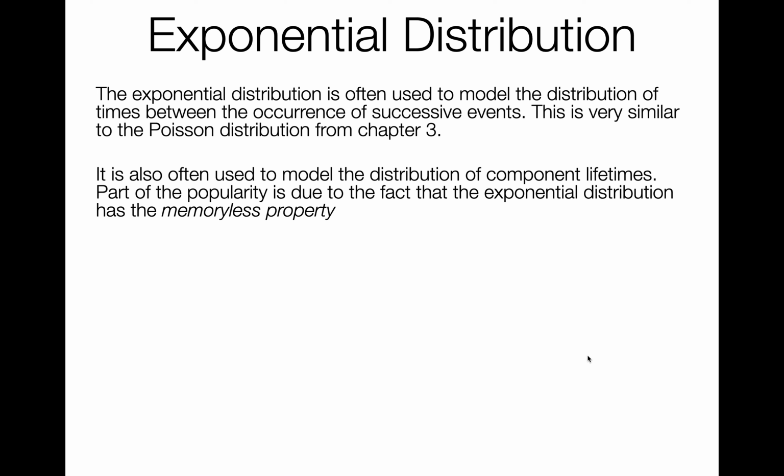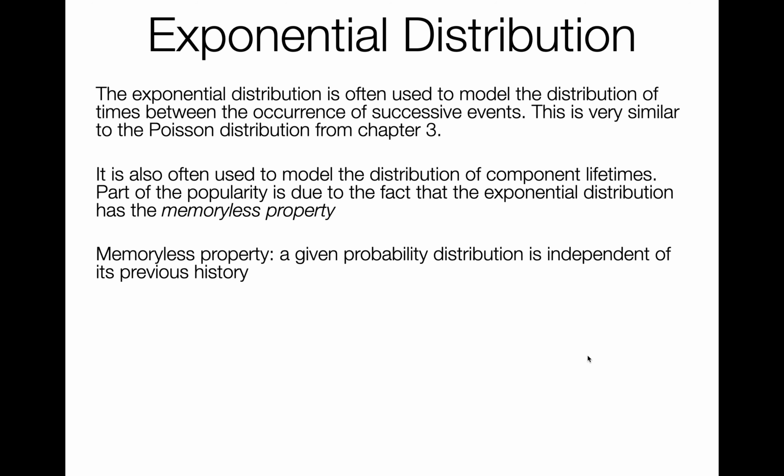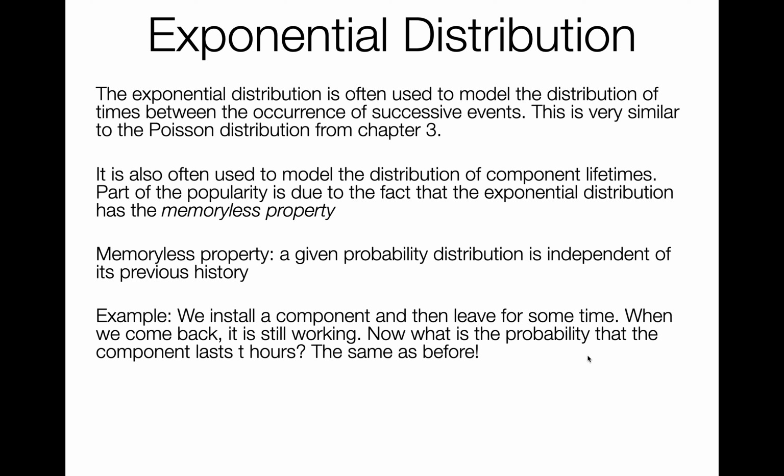Some people call it the forgetfulness property. What the memoryless property says is that a given probability distribution is independent of its previous history. Now, that probably doesn't make it any easier to think about what that means in this case, so here's an example.